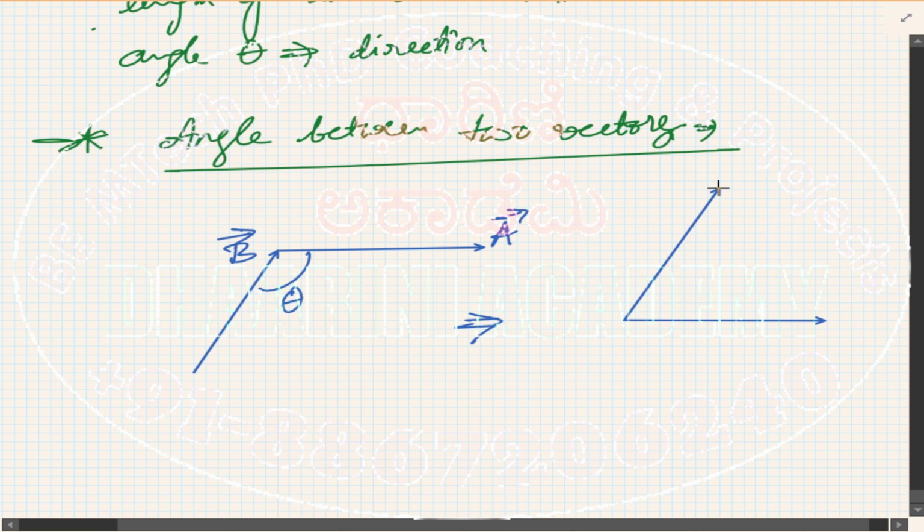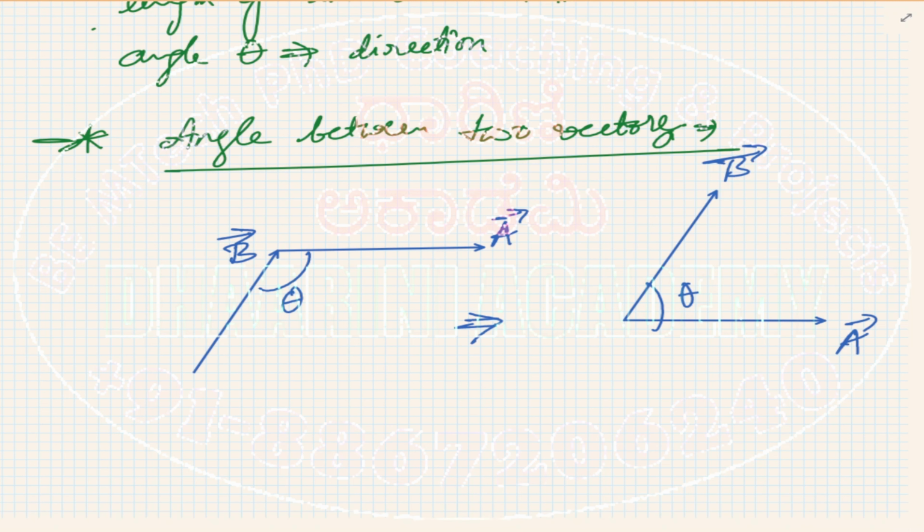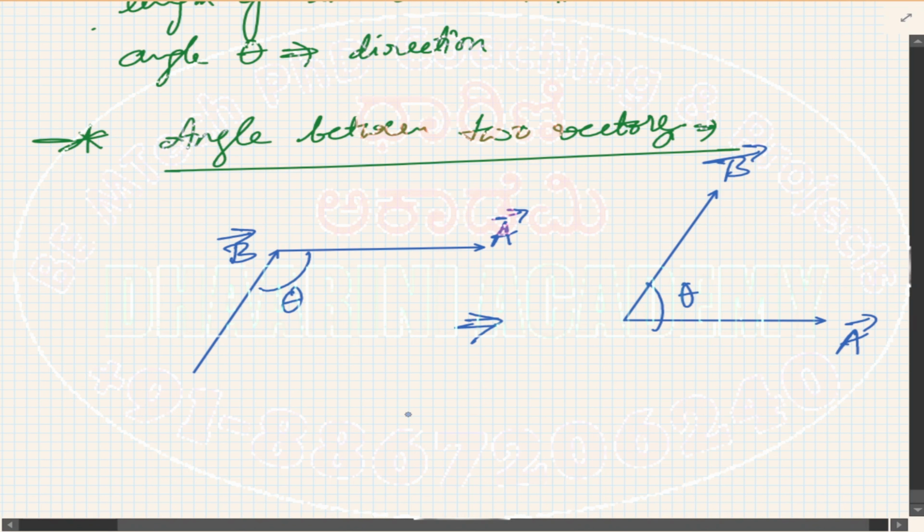This is still the vector A and this is still the vector B, and this is the other angle theta. Irrespective of which one you represent, both are fine. That is the angle between the vectors. This theta will always be in the range 0 less than or equal to theta less than or equal to 180 degrees.